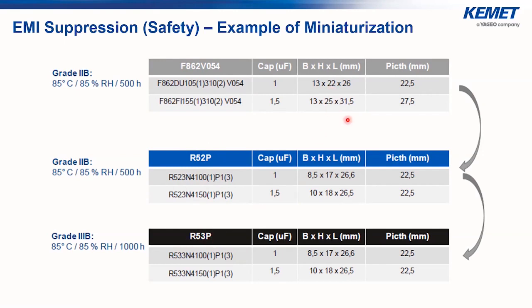We can clearly see that for the same capacitance values, we can reach them with a smaller dimension and even a smaller pitch size with the R52 and R53 series, with at least the same performance as the F862. So we have a clearly better overall performance with the R52 and R53, even compared with our internal series.